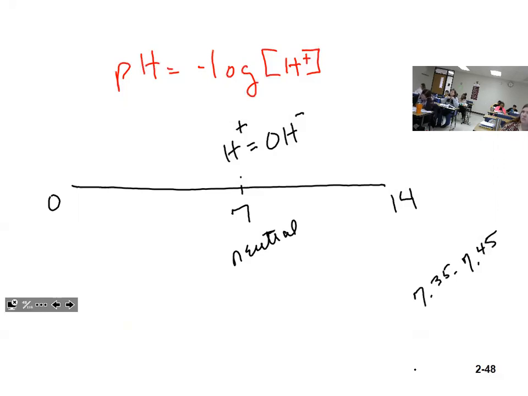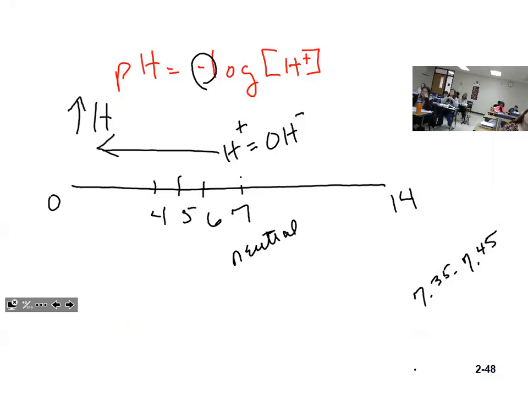All right. So here's what I need you to know about this negative, what that means. Here's what I need you to know. Because y'all know that 6 comes before 7, and what's here? 5. And what's here? 4. All right. So what this negative means in the definition for pH is as the numbers go down, what happens to the amount of hydrogen ions?